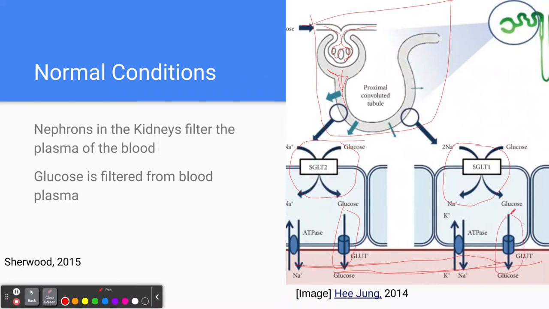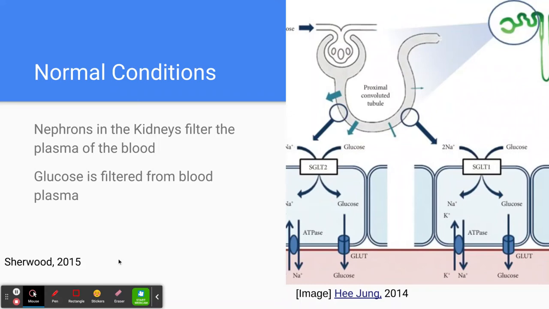This is something known as facilitated diffusion because it needs a transporter protein in order to be allowed into that capillary. Those facilitator proteins are GLUT1 and GLUT2, as seen again in that image. So that's how, under normal conditions, the glucose would get filtered back into the bloodstream. We don't want to lose that glucose.